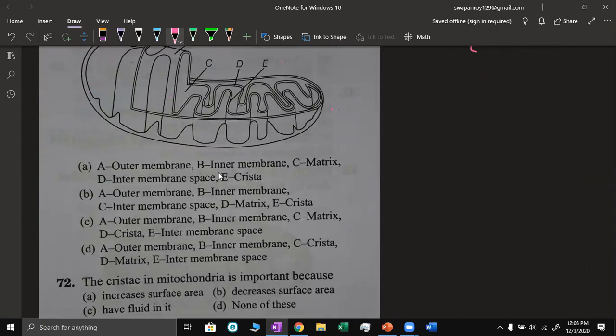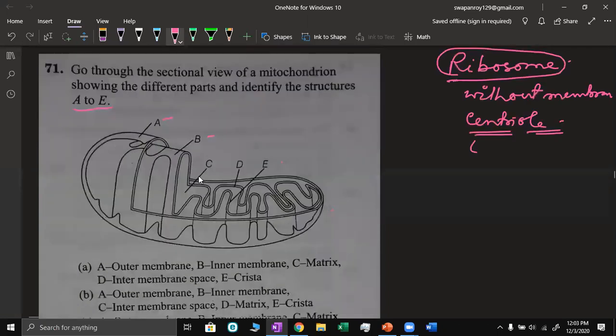A is outer membrane, option A, sir. A is outer membrane. B, this one, yes, this one is inner membrane, sir.